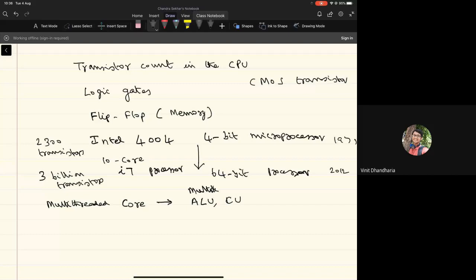And each of the cores supports the execution of multiple threads. Typically, it will be a 2-thread or a 4-thread core, right? Which means that if I have 10 cores, and each of the cores can handle 4 threads, I can execute 40 different threads on the same processor simultaneously, right? So that's the capability that we are talking about.